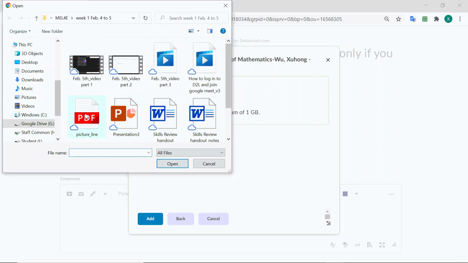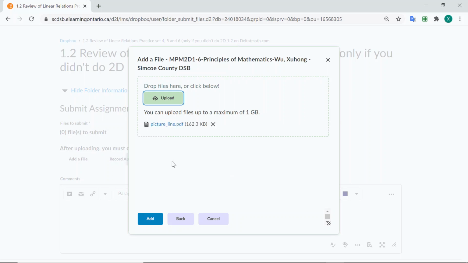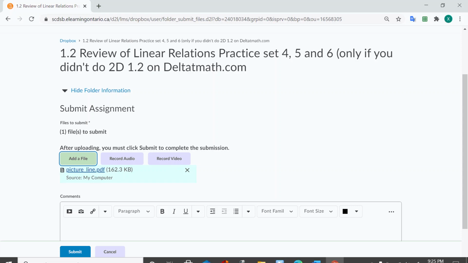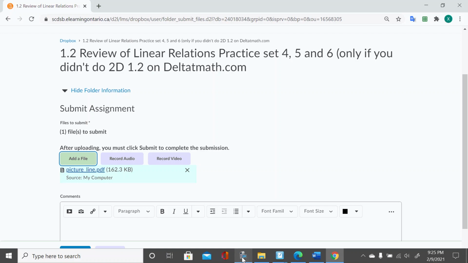Then click on the file, then open, then click add. Once you click add, don't forget you need to click on submit. Then you will see you uploaded your file to the Dropbox successfully. Okay, this is how you submit your file to Dropbox.